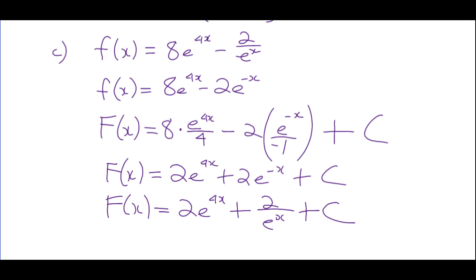I mean all you've got to do is take the derivative of it. So it becomes e to the 4x times 4, which is 8e to the 4x, and then you've got that 2e to the negative x, which becomes minus 2e to the negative x.